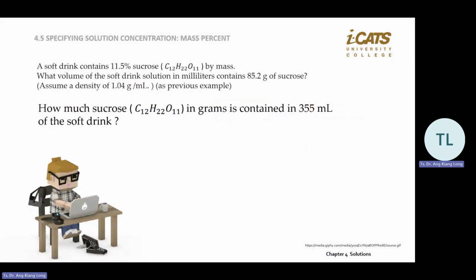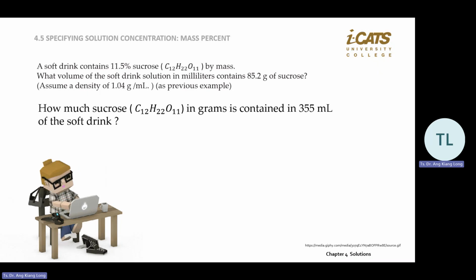Okay, so let me see. This is your homework to test whether you understand or not. This one contains 11.5% sucrose, given as percentage by mass. So convert 11.5% sucrose by mass into a ratio per 100 gram of solution.